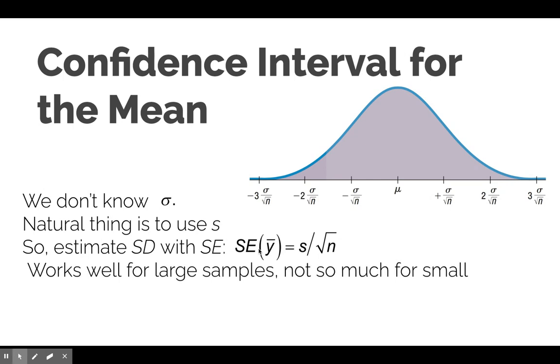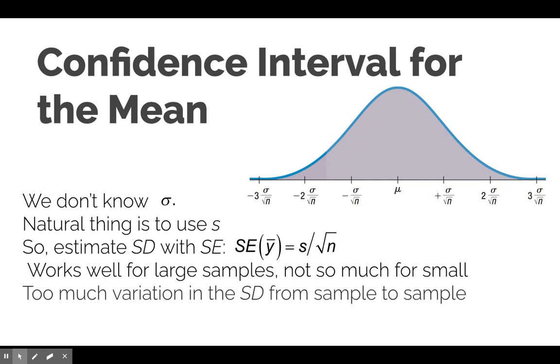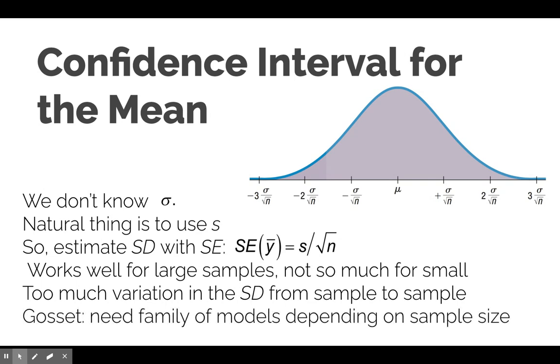And so this does cause an issue when we're working with means, because what ends up happening is this works well for large samples, but it doesn't end up working as well for small samples. And it turns out there's too much variation in standard deviation from sample to sample for it to work. So I mentioned we're going to look at a new distribution.